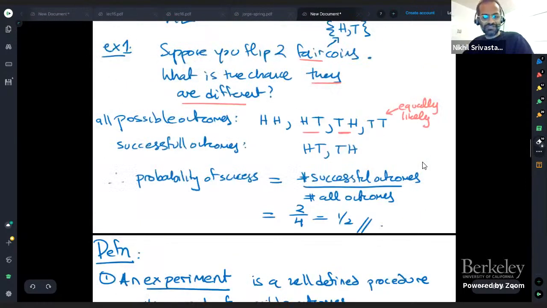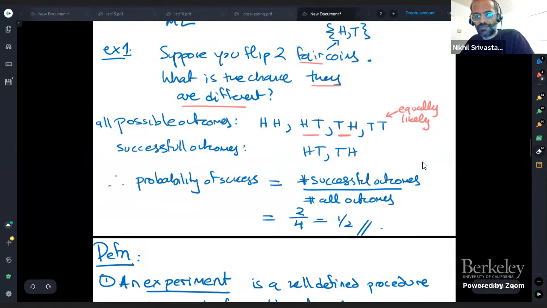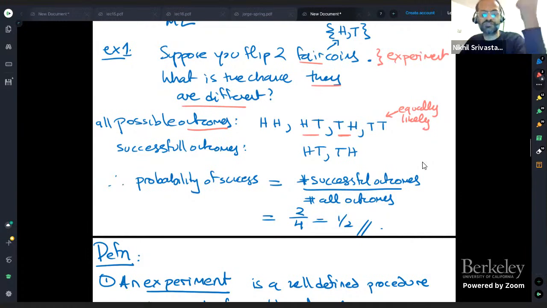So for example, in this example, what's the experiment? Well, the experiment is that you flip two fair coins. And what are the outcomes? Well, the outcomes are these four descriptions of all the possible things that can happen when you do this well-defined process.